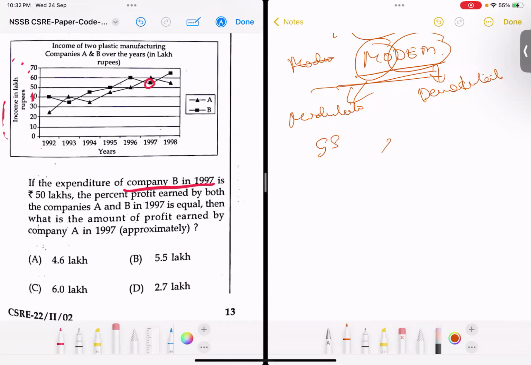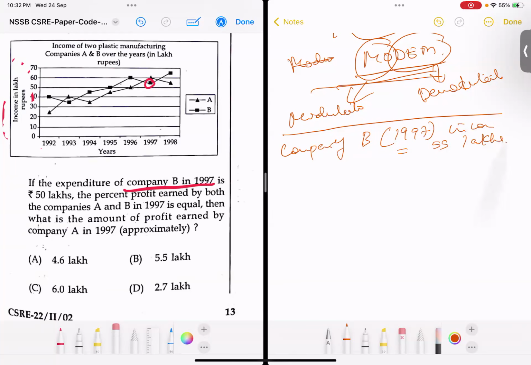So the income is 55 lakhs, and it's given in the question that the expenditure is 50 lakhs.